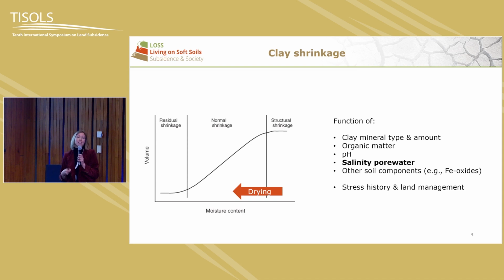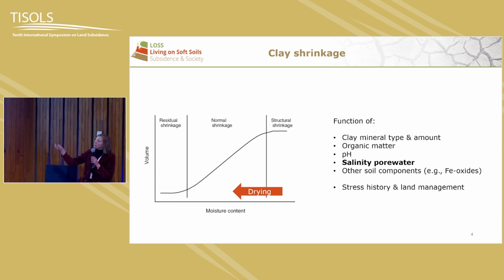So if we describe clay shrinkage, we mostly do that via a soil shrinkage curve that is shown here. As soon as it starts to dry, your moisture content decreases and also your volume decreases. And most of the shrinkage takes place in this normal shrinkage phase, in which the amount of water you lose is also the amount of volume you lose. So it's important: if your matrix gets too dense, the shrinkage stops.